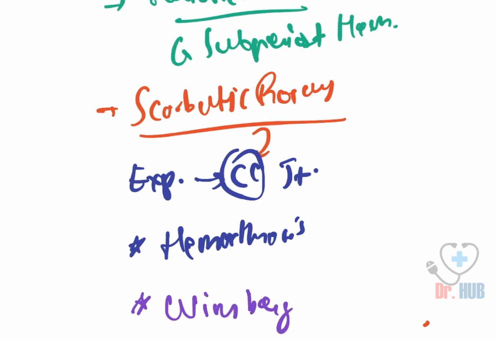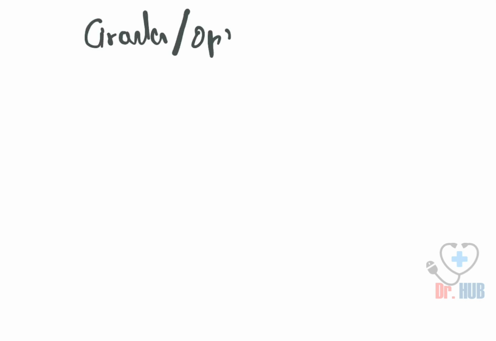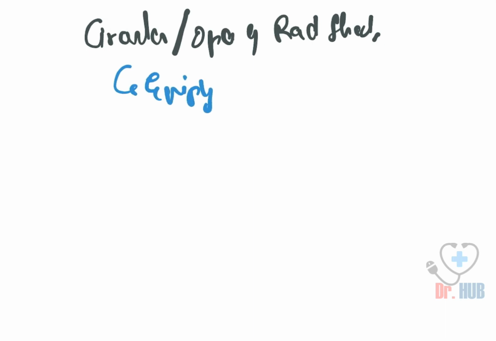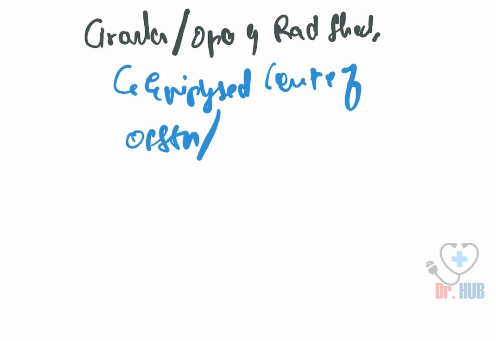So what is the Wimberger's ring? Wimberger's ring is circular and opaque. It is a radiological shadow which surrounds the epiphyseal center of ossification, and it may also result in bleeding.